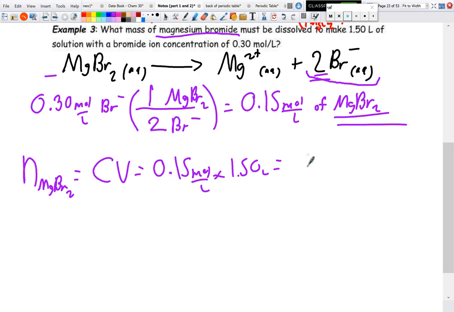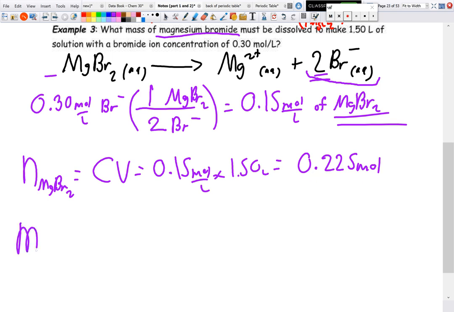So now we have 0.30 moles. Oh, sorry, that is not the answer to that one. It's not 0.30, it is actually 0.225 moles. Sorry, I accidentally put that into my calculator wrong for a second.